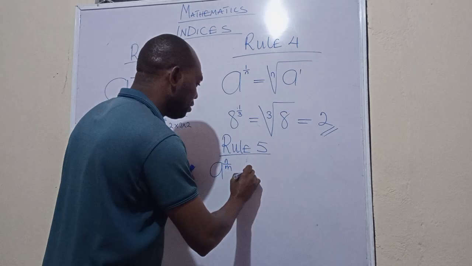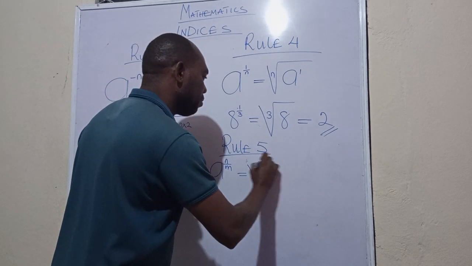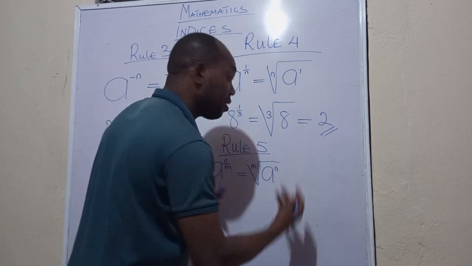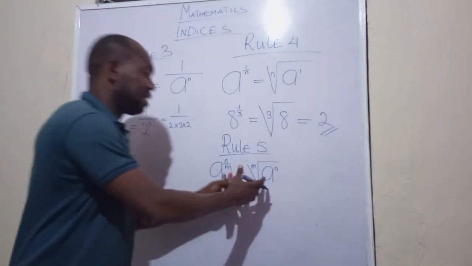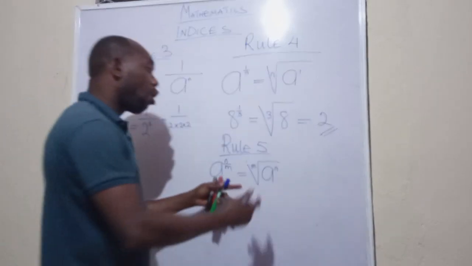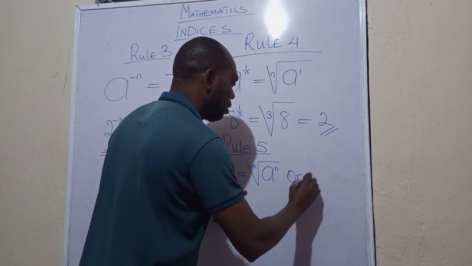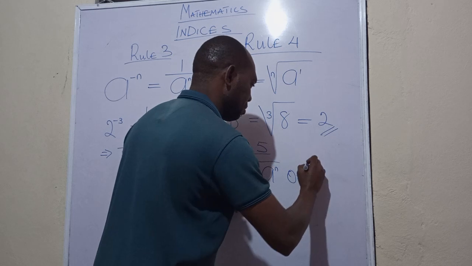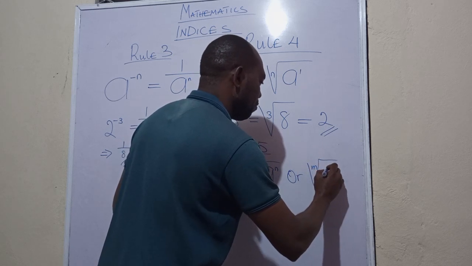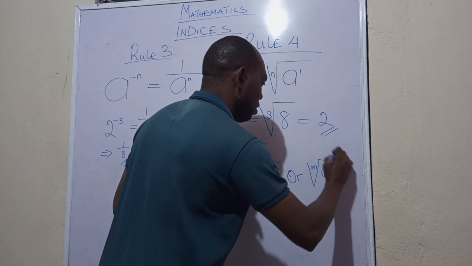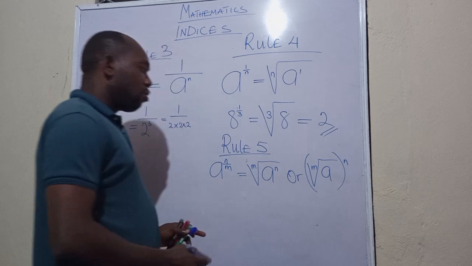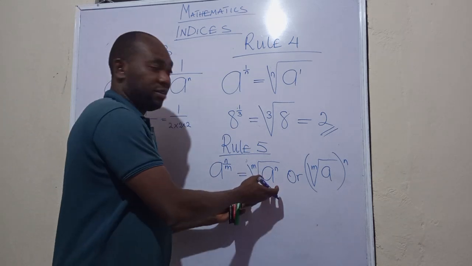So we will have this as the m root of a raised to the power of n. But in this case, we can write it in two different ways: the m root of a raised to the power of n, or like this.